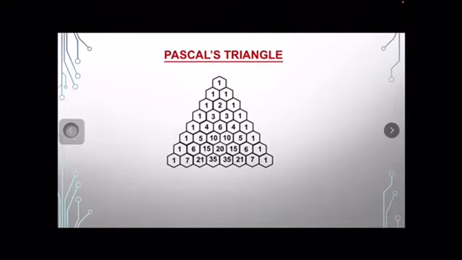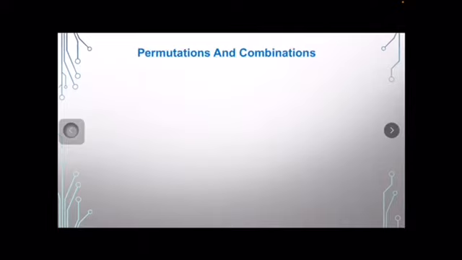This is Pascal's triangle. Now, you know that the Pascal's triangle numbers give us the binomial coefficients, right? Next is permutation and combination. We studied permutation and combination, but in the binomial theorem we need only the combinations.